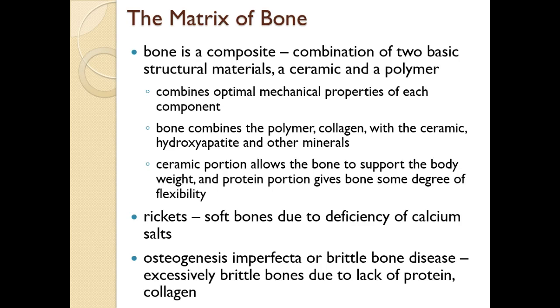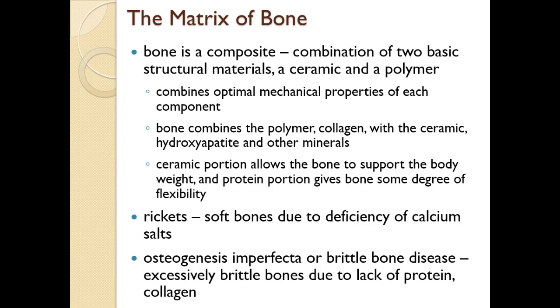You wouldn't expect collagen, being a protein, to be able to support our weight. So the tough ceramic portion, which is the inorganic part of bone, provides support, but we also need that protein component because it gives the bone flexibility.